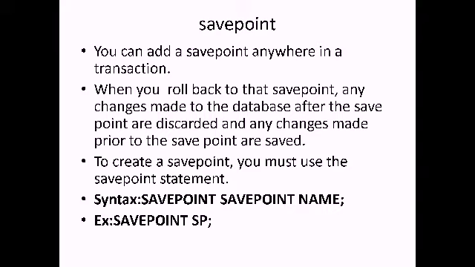So any changes after the savepoint are discarded, means they are not saved to the database. But any changes made prior to the savepoint, means before the savepoint, those are saved permanently.